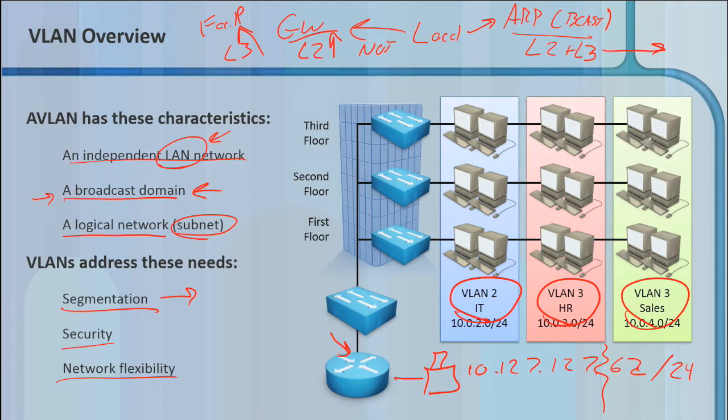If I have a router, did I just gain any security? I've got 3 different broadcast domains, so I suppose there are certain attacks that may have worked before, like ARP poisoning, that aren't going to work now.